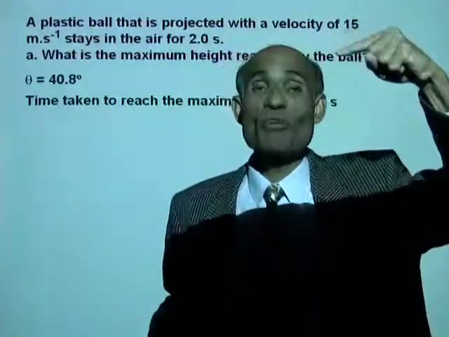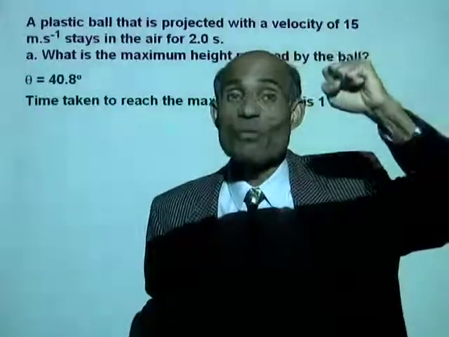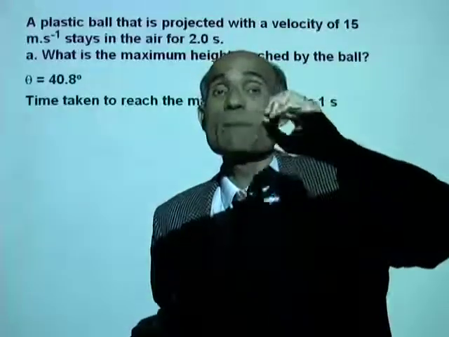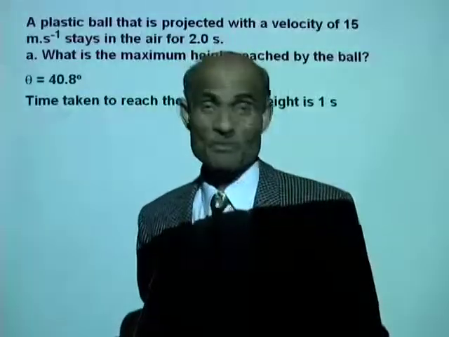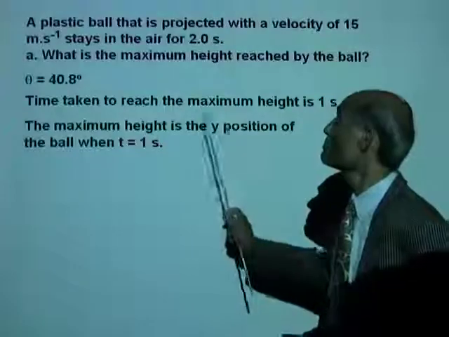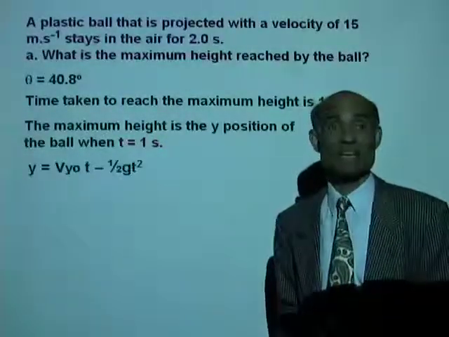What is the equation for the y position? The y position is y equal to Vy0t minus 1/2 gt squared. Alright? The maximum height is the y position of the ball when t equal to 1 second.